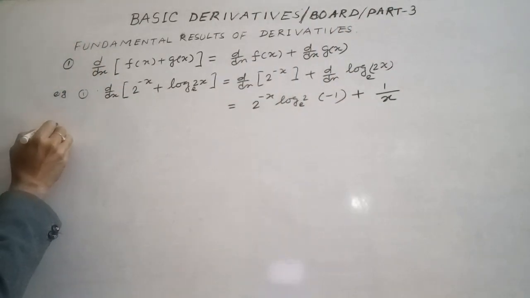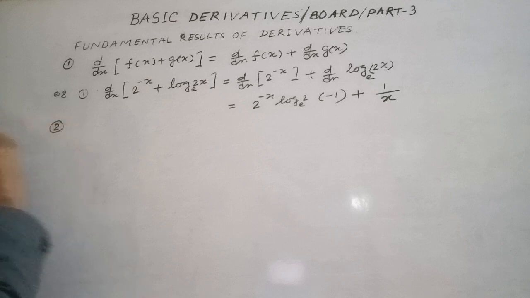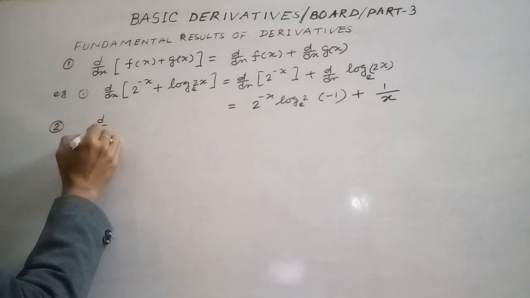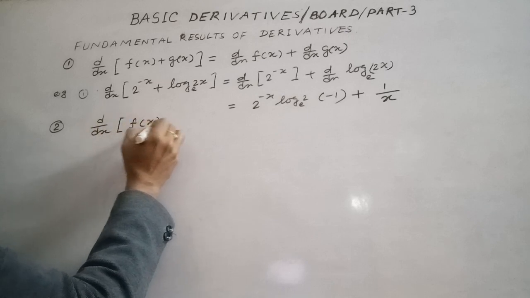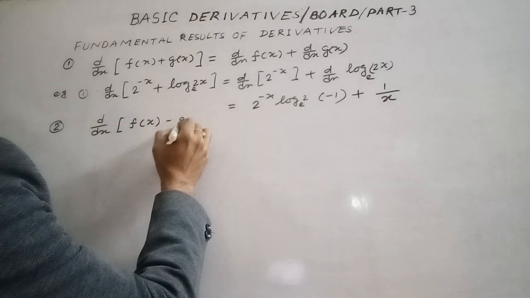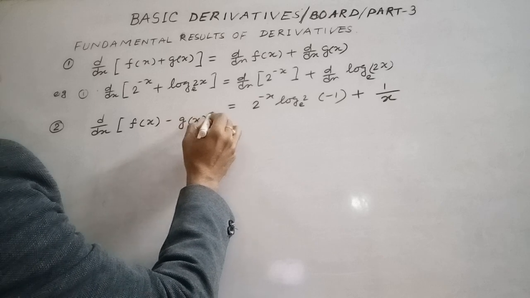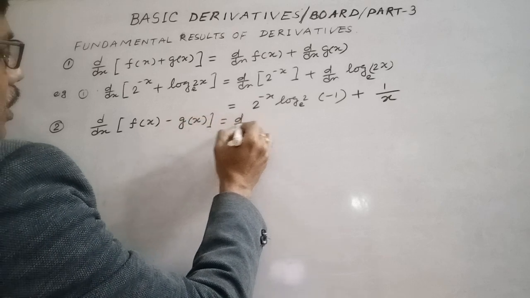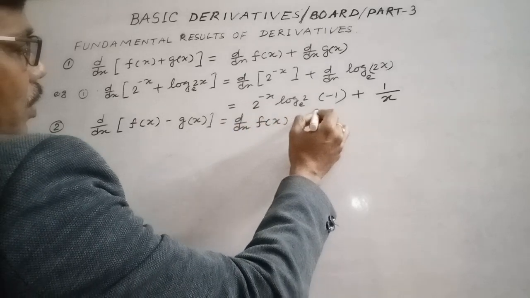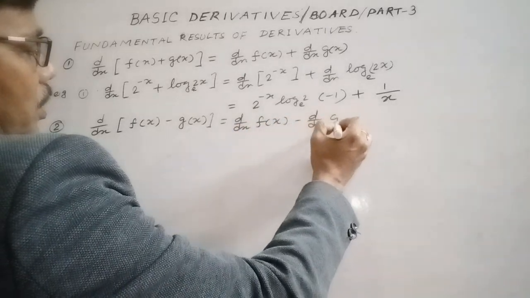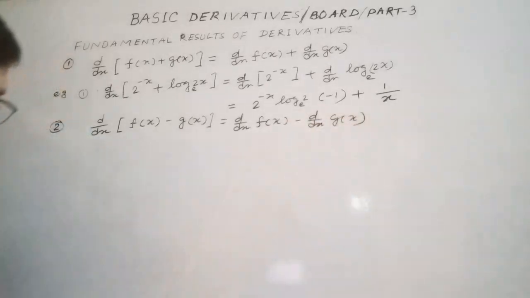Number 2: d by dx of f(x) minus g(x), similar to the sum, equals d/dx of f(x) minus d/dx of g(x), the derivative with respect to x.